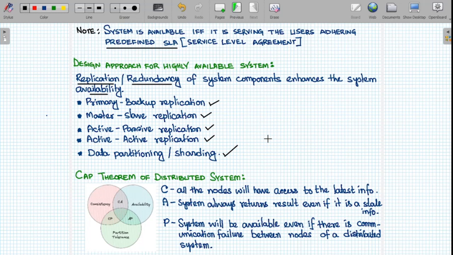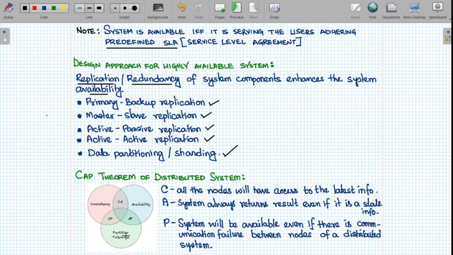Understanding on availability of a software system is incomplete without knowing CAP theorem of distributed system. As per CAP theorem, among consistency, availability and partition tolerance, we can only achieve any two. That means either we can achieve consistency and availability.